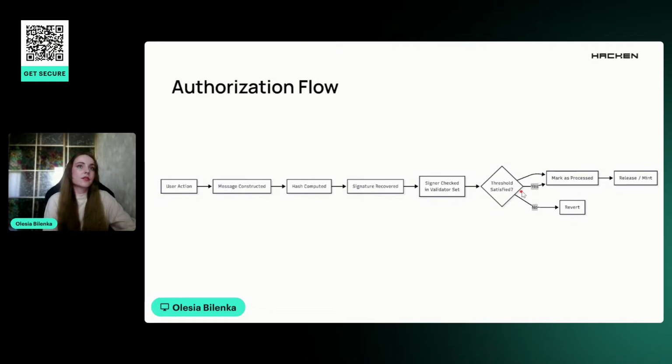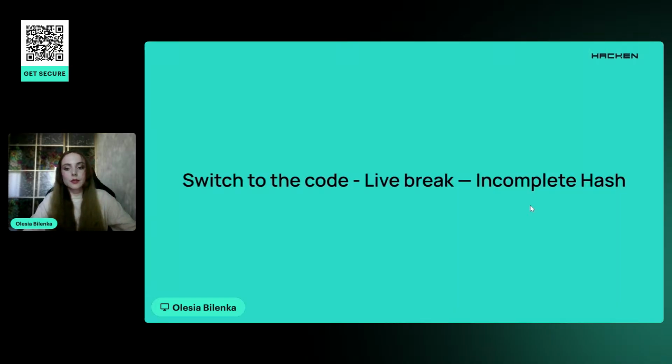If everything is fine, the message is marked as done and tokens are released or minted. Otherwise, the message is reverted. If there is no threshold logic, we skip this step and go directly from here to here or here. So this is how it should work, but let me show you how it may break.